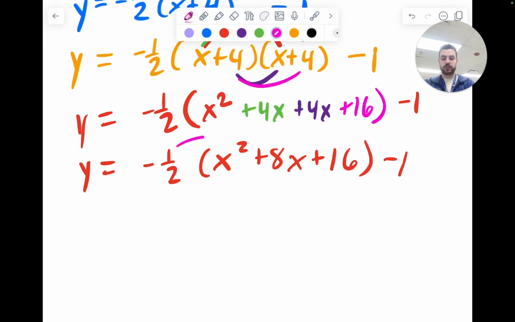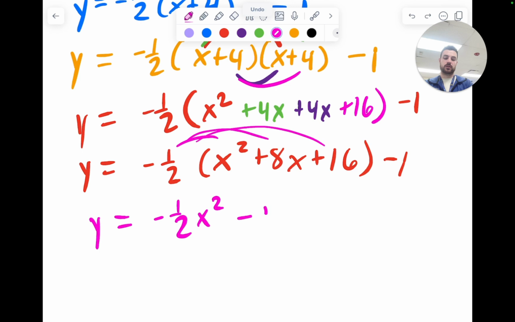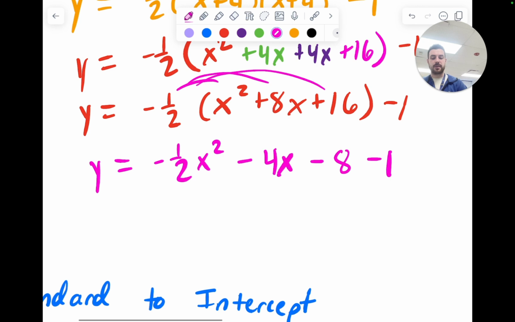So I'm going to distribute in that negative 1/2 to get y equals negative 1/2 x squared minus 4x minus 8. And then we still have minus 1, which we no longer need our parentheses for. And my last step will just be to simplify by combining some like terms.